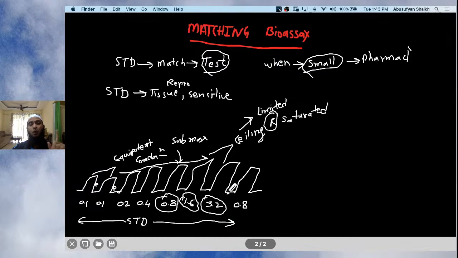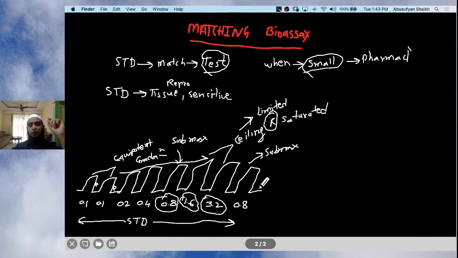Now you can go ahead with the test dose. So again, which dose have we given here? 0.8 ml. This dose we selected was the submax dose. We have ensured the reproducibility of the bioassay and the sensitivity of the tissue. Right, now we'll be giving the test dose.